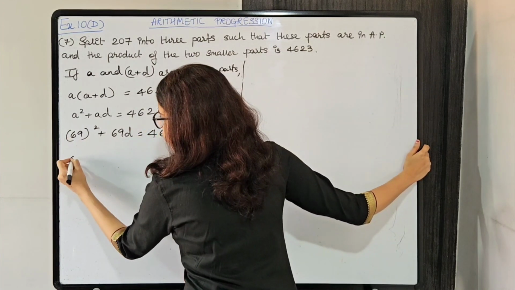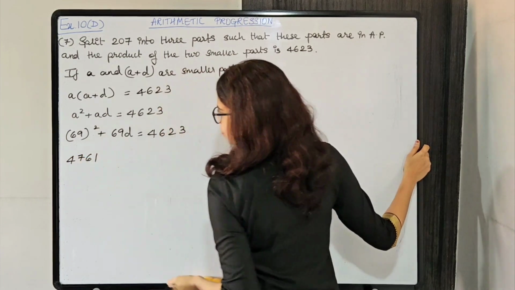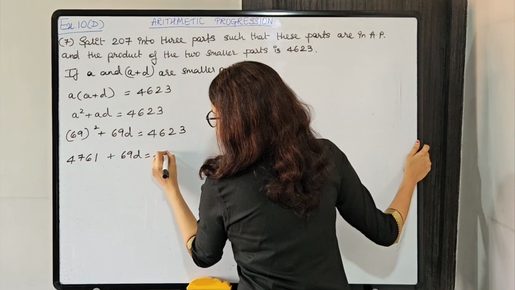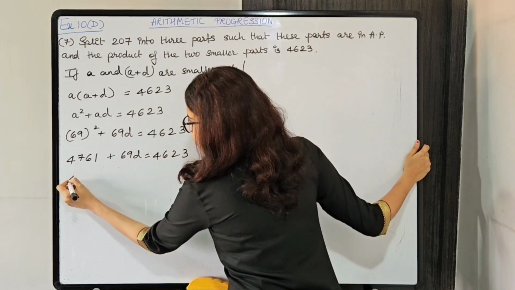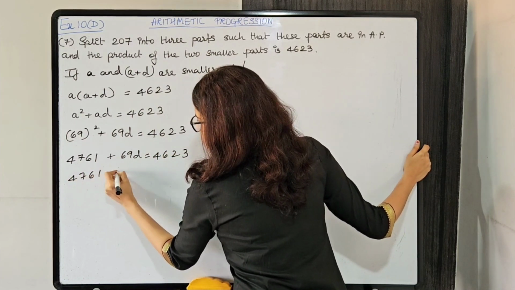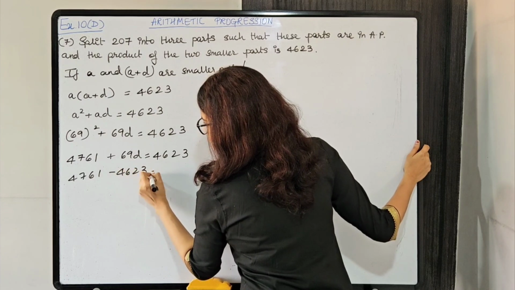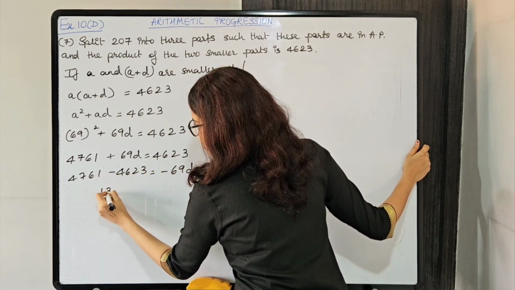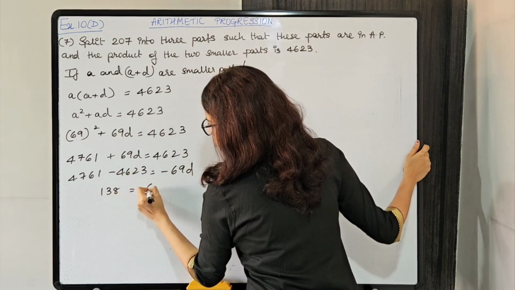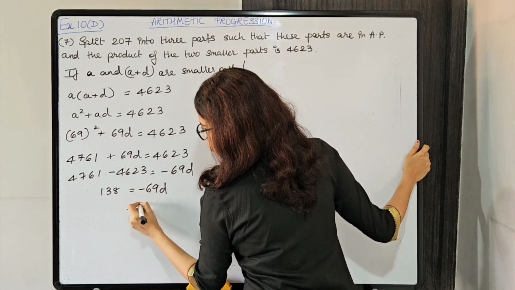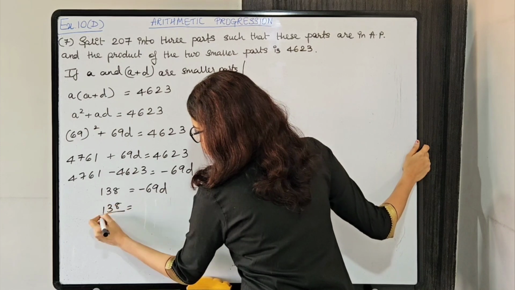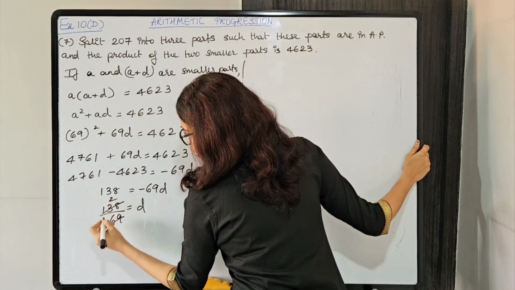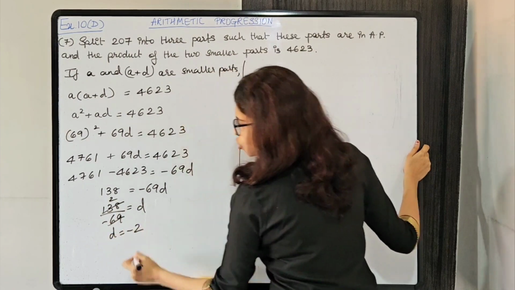We just found 69 square is 4761, right? Plus 69D is equal to 4623. So 4761 minus 4623 is equal to minus 69D. This will give 138 is equal to minus 69D. So shifting minus 69 to the other side, we'll get D as minus 2.